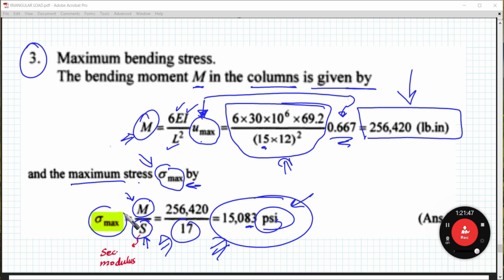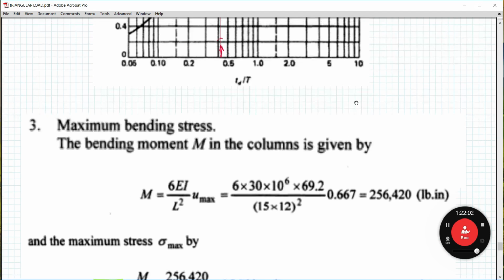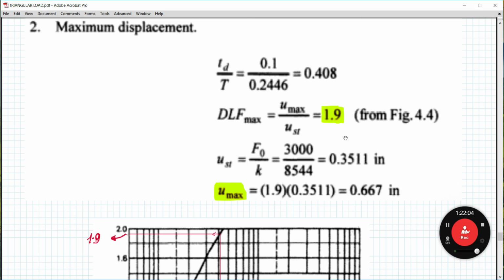stress in the columns. If you look at the effect of the dynamic load on the bending stress, you're going to find that it almost doubled, right? Almost doubled, because of this one, 1.9. So it is doubled.